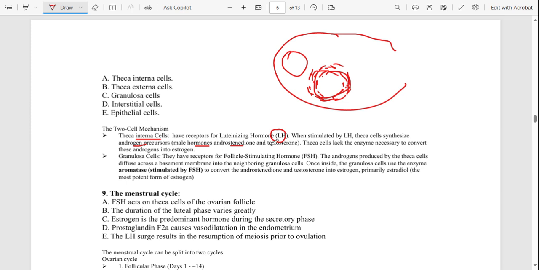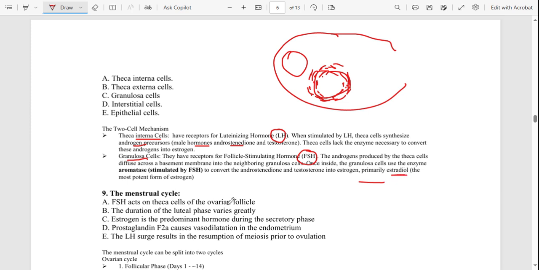But then they do not have the enzyme that can convert these male androgens to estrogen. So when follicle stimulating hormone binds on granulosa cells, that is going to stimulate the granulosa cells, and they are going to use the enzyme aromatase. Aromatase is activated once follicle stimulating hormone attaches to the granulosa cells, and then this aromatase is going to convert the testosterone and the androstenedione to form estrogen.